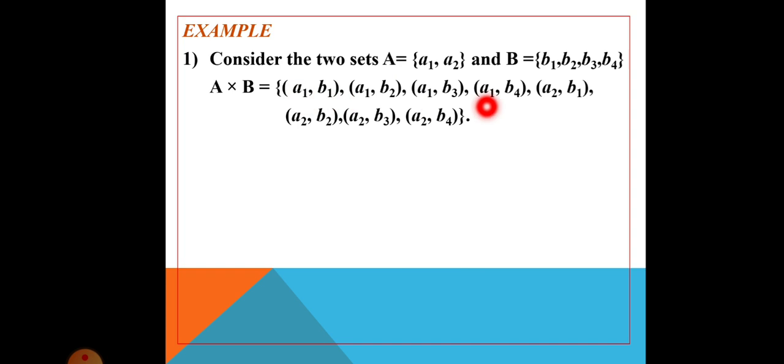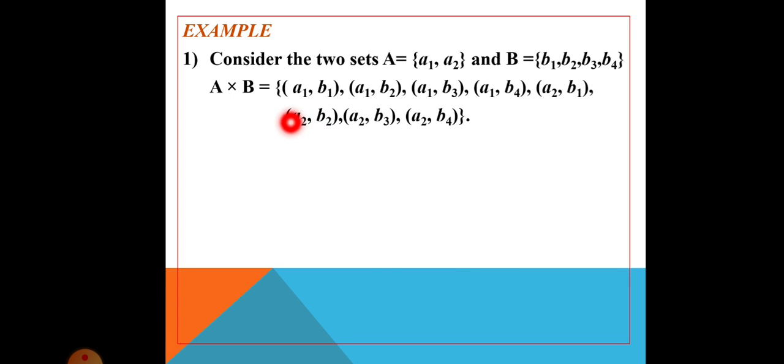First write all these ordered pairs with a1. And next we have to make the ordered pairs with a2: (a2, b1), (a2, b2), (a2, b3), (a2, b4). So we have A cross B is equal to (a1, b1), (a1, b2), (a1, b3), (a1, b4), (a2, b1), (a2, b2), (a2, b3), (a2, b4).